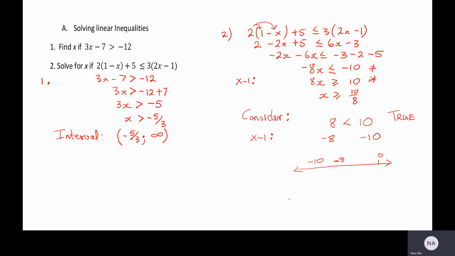Therefore, minus 8 is bigger than minus 10. So to make this a true statement, I have to reverse the inequality. And that is the reason whenever you multiply or divide by a negative value, you must reverse the direction of the inequality. Okay, let's continue.